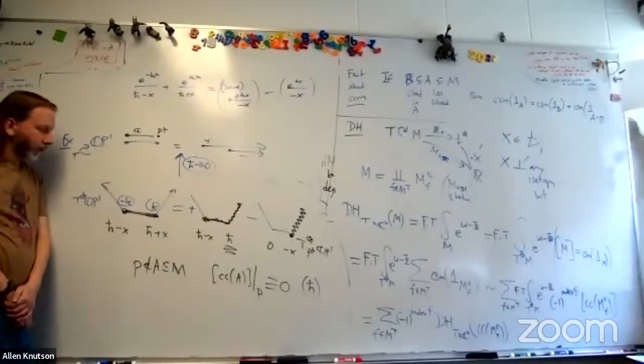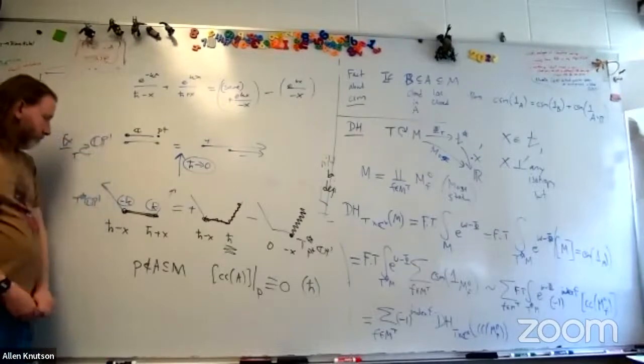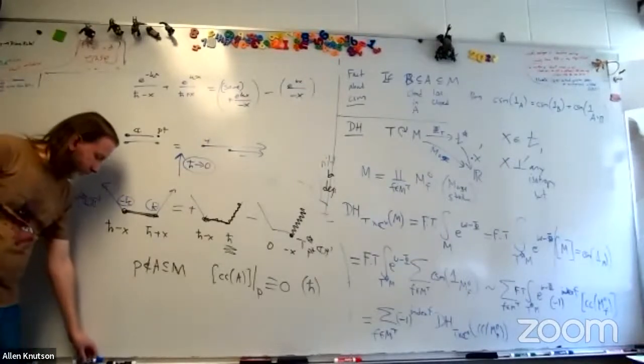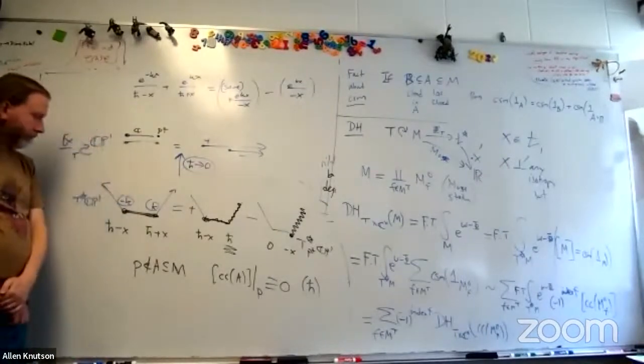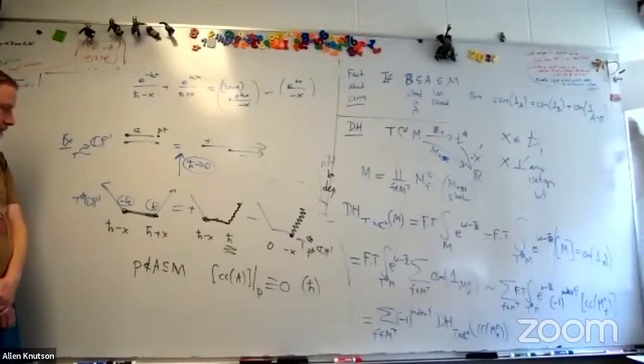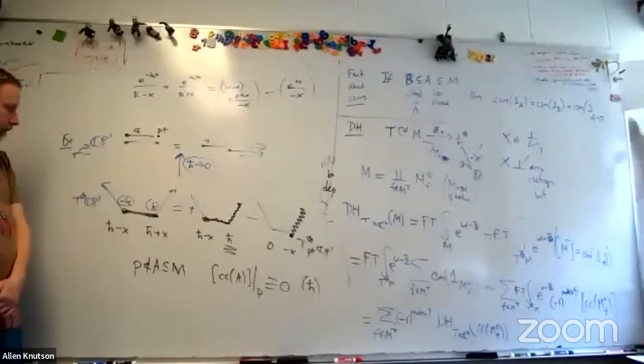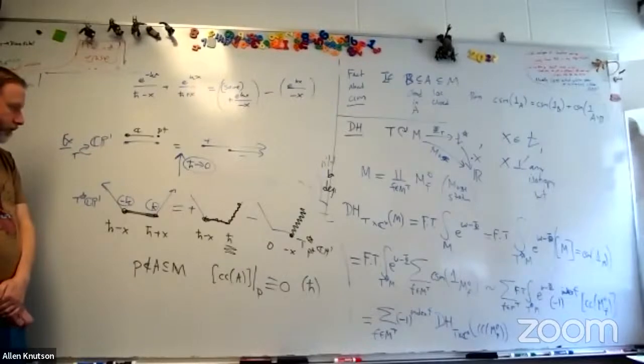Anyway, I want to say, for e to the power hx over x, you have to say something more. You have to say in which direction you take the Fourier transform. And I think you can see it. I think it's very nice.